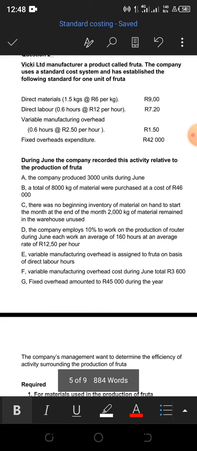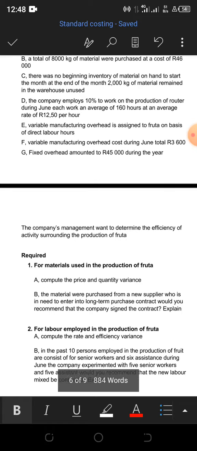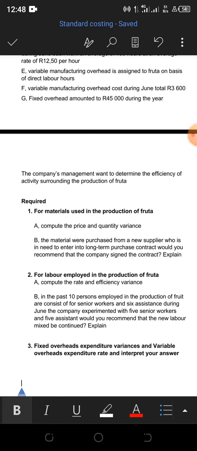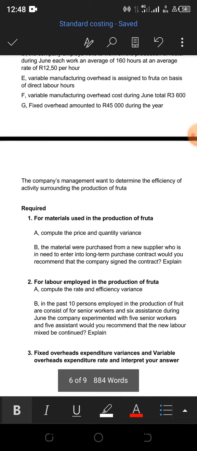So let's first go to the required part. On the required, they said number 1, we have to calculate the price and quantity variance under material used in the production of fruta, which means that the price and the quantity variance, which is the same as used material. So in this question, in the first part, we're only going to focus on materials.